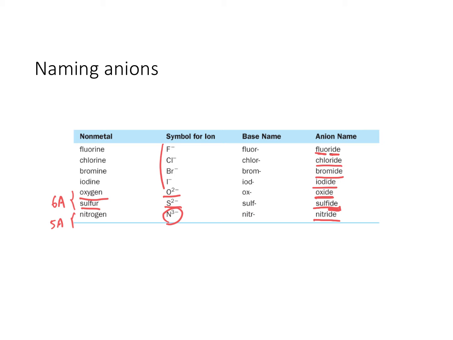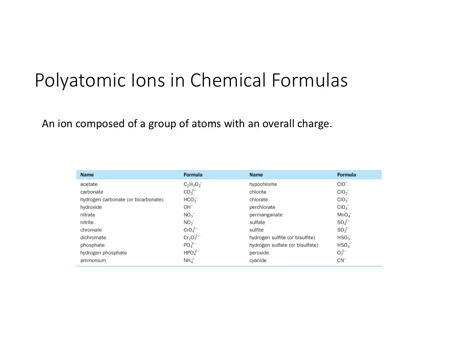You also have nitrite, nitrate, sulfate. So remember that if you have IDE at the end, you have only 1 element, not a polyatomic ion, okay? Any questions so far? Okay.